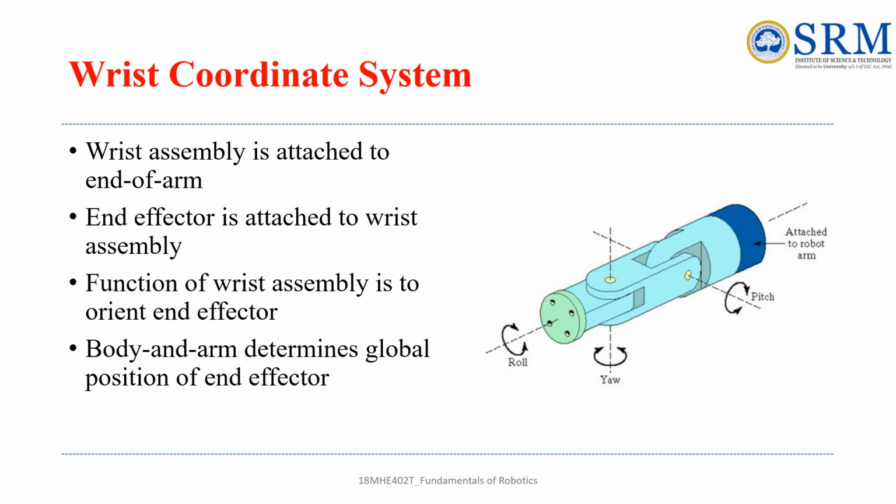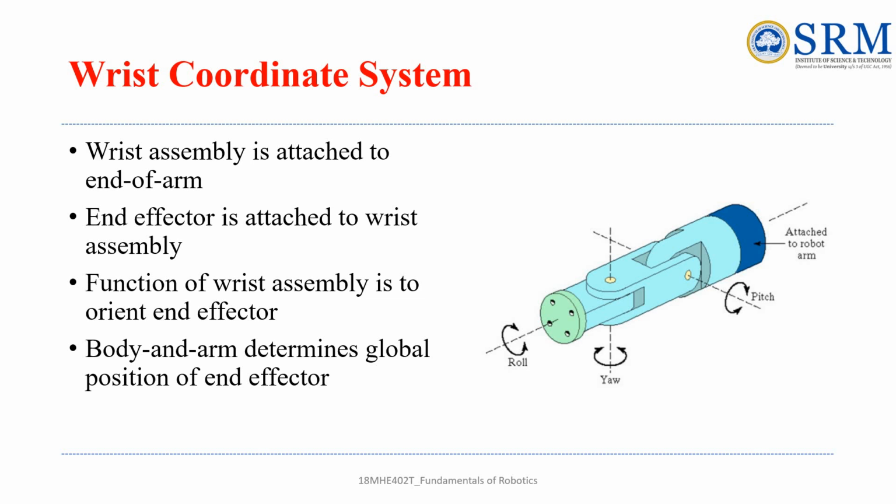And next is the wrist coordinate system. So the wrist assembly is connected to the end of the robot arm. The end effector, which is the part of the robot that interacts with objects or performs tasks, is then attached to the wrist assembly. Okay, the main purpose of the wrist assembly is to adjust and position the end effector correctly. Okay.